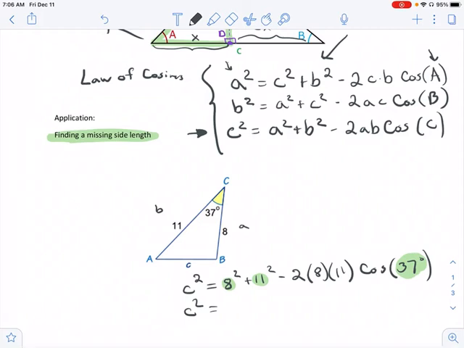So I'm in Desmos at the moment. I'll switch this to degrees and type this equation in and see what we get. It looks like I got 8 squared plus 11 squared minus 2 times 8 times 11 times cosine of 37 degrees.